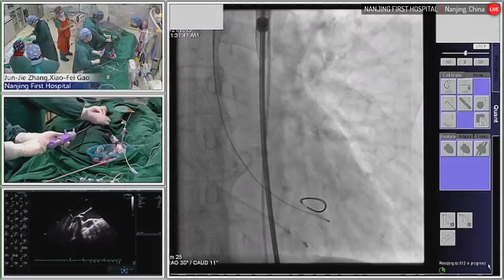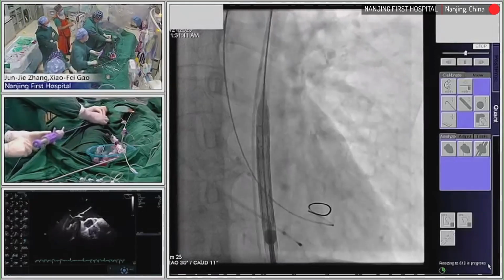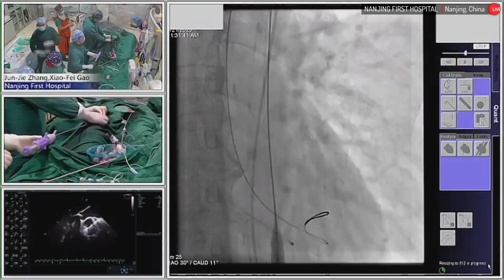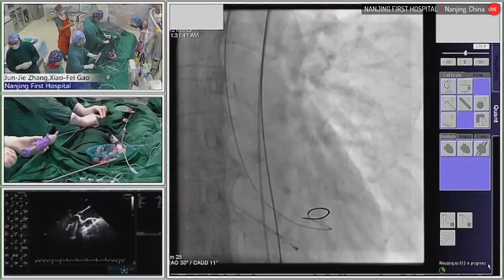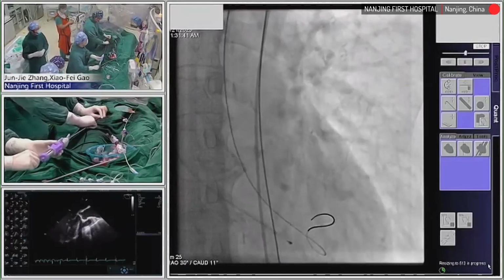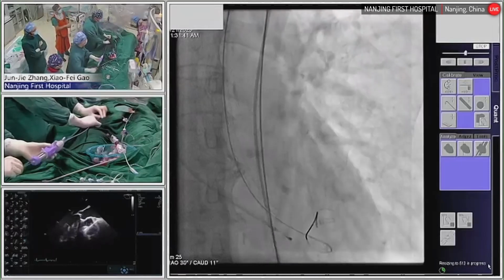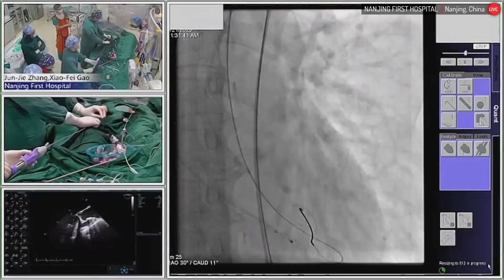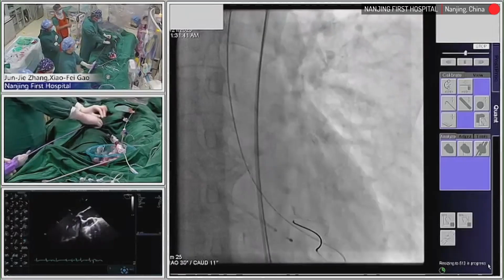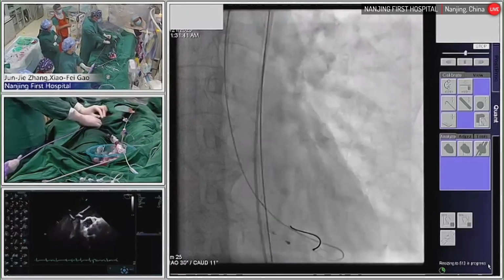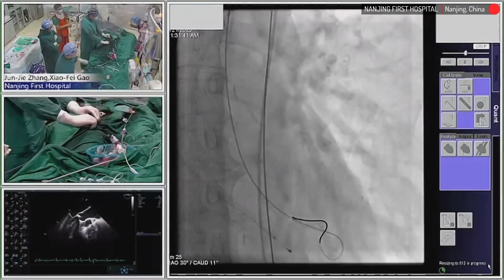So I will pull out the valve, and maybe I need to change to a new wire. Prepare a new wire. Support is not enough. So for this tough case, I think wire support is always very important. So I need a very good strong support wire.